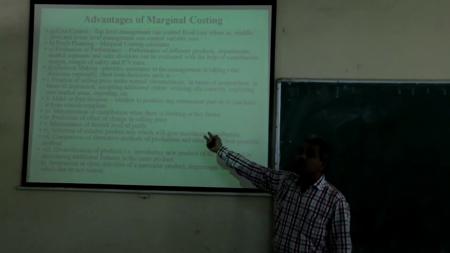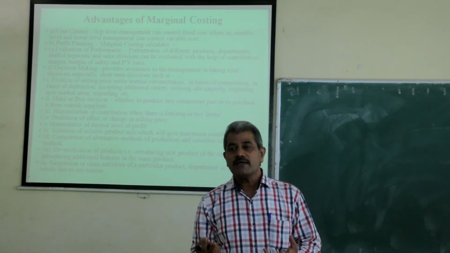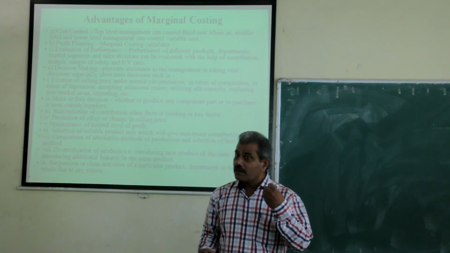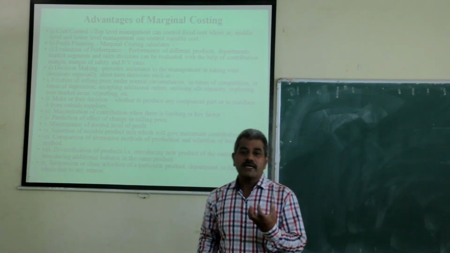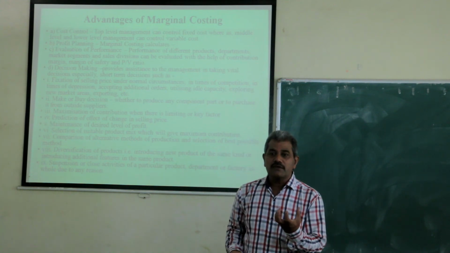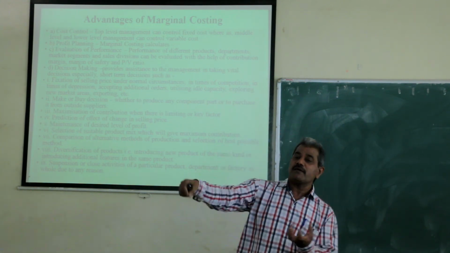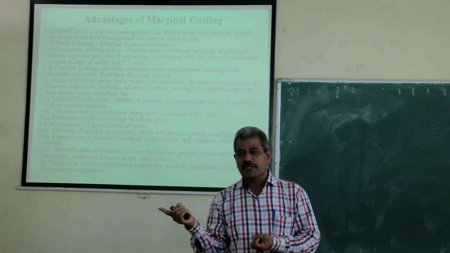In the same way, make or buy decision. Suppose you are producing one commodity which requires two types of component commodities. You can produce these commodities which are required for your final product, or you can buy ready-made products which are required for your final production.